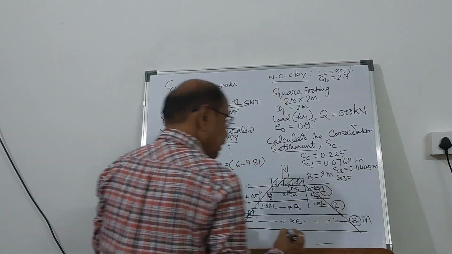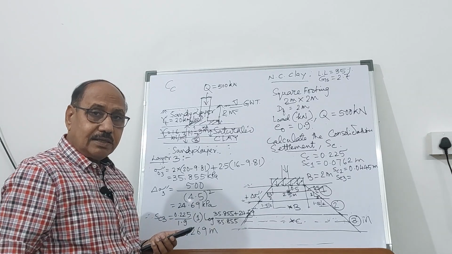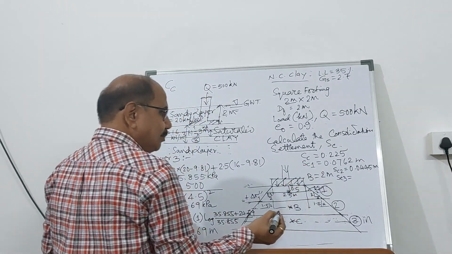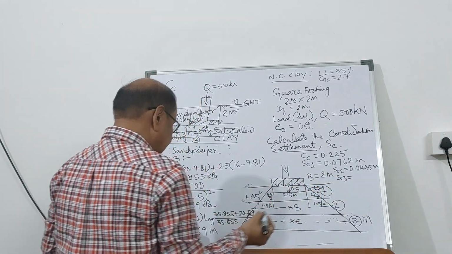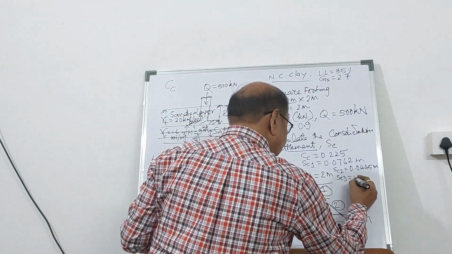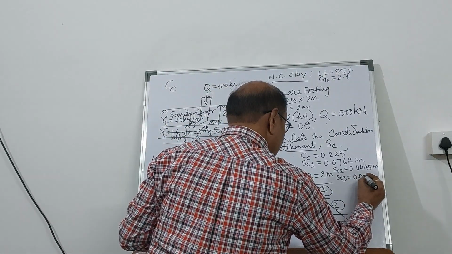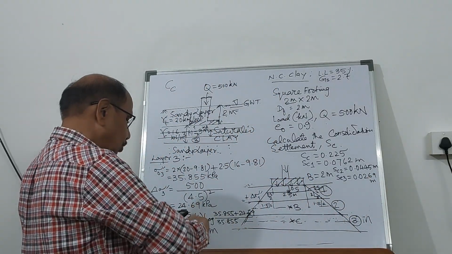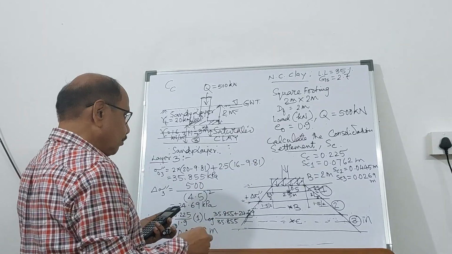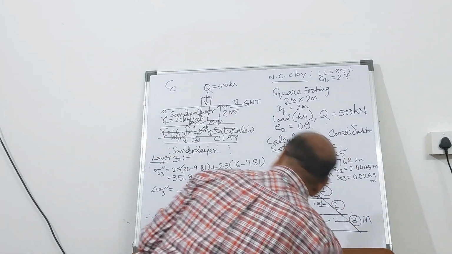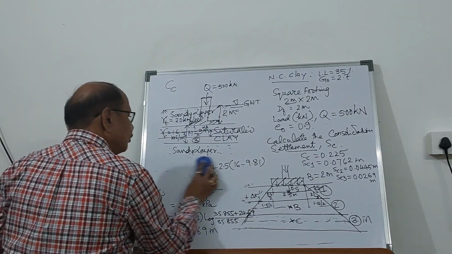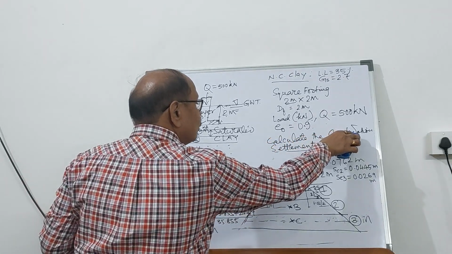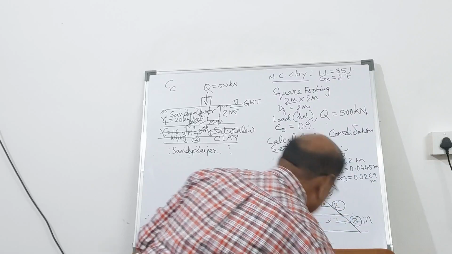The clay layer was divided into 3 parts, and for each part you have calculated the consolidation settlement SC1, SC2 and SC3. So if you add up SC1 plus SC2 plus SC3, you get the value of total consolidation settlement, which is asked in the question.